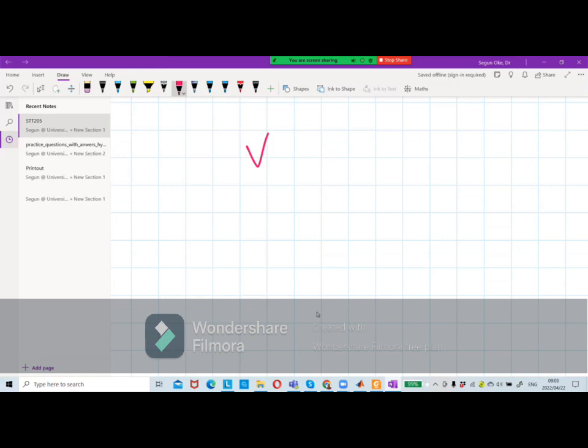We have what we call Venn diagram, meaning when you hear diagram, it shows that there is a representation, a pictorial representation.